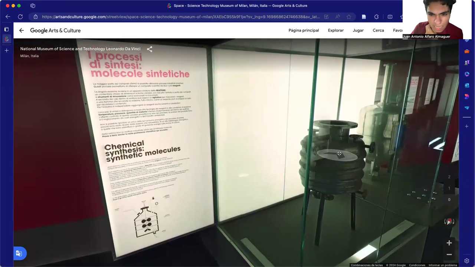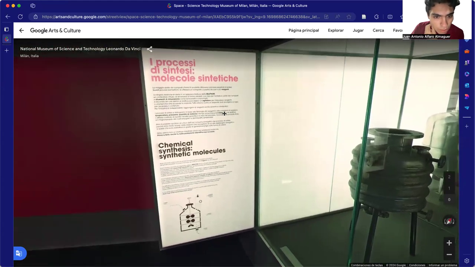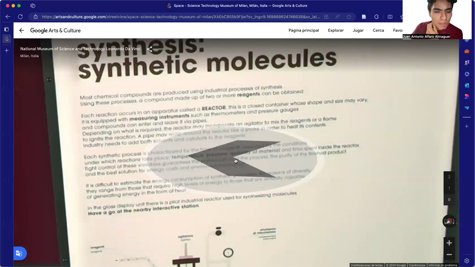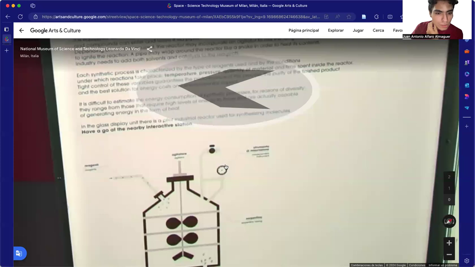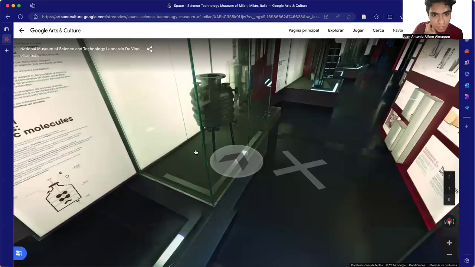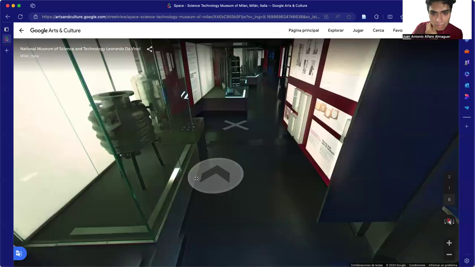It looks like an alambique, like very primitive chemical reactors. Here it says the most chemical compounds are produced using processes of synthesis. Ah, right. So those are very primitive chemical reactors that were used in the process of chemical synthesis.